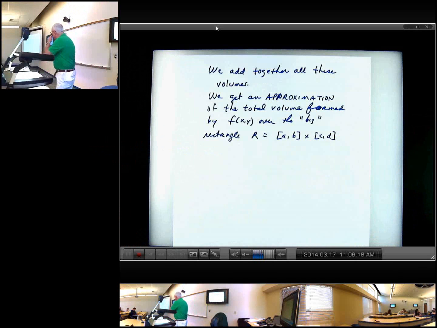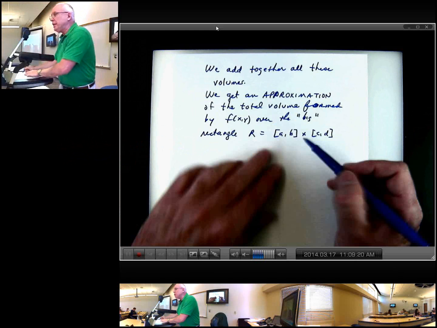I do want you to become familiar with this notation right here.